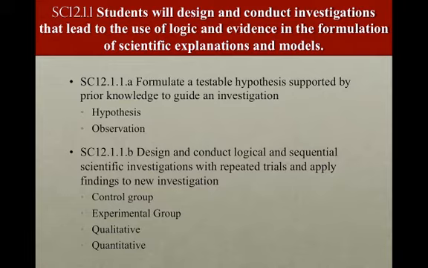What's the difference between control group and experimental group? Control stays the same, and it's what you're comparing the experimental groups to. So control group is under normal conditions, and then you're changing a variable for the experimental group, and you can compare it back to the control group.